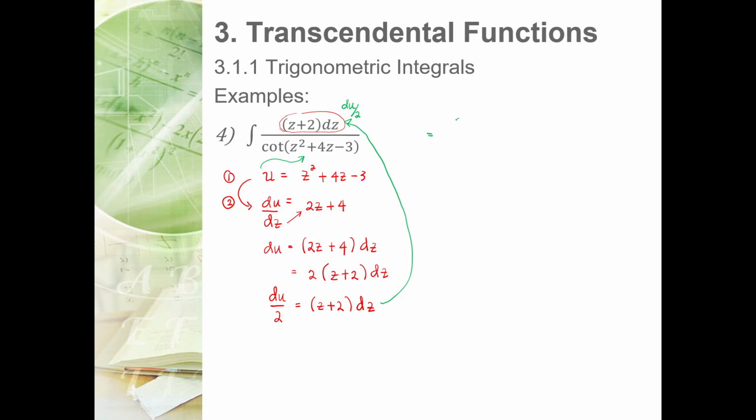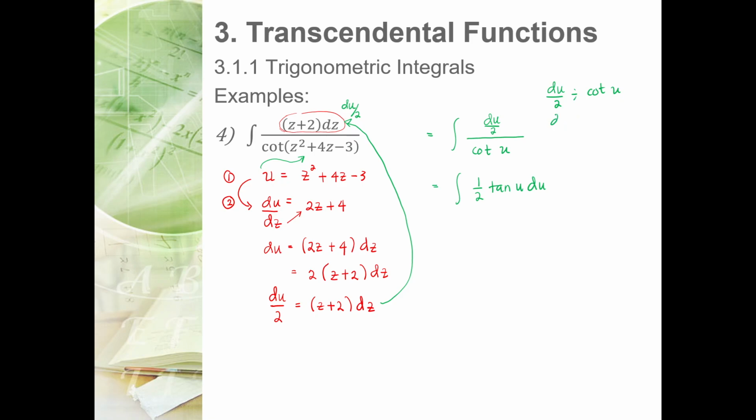So this gives us du over 2 divided by cotangent u. So by magic, this becomes 1/2 tangent u du. So what happened there? Again, if we do it in basic terms, du divided by cotangent u, right?